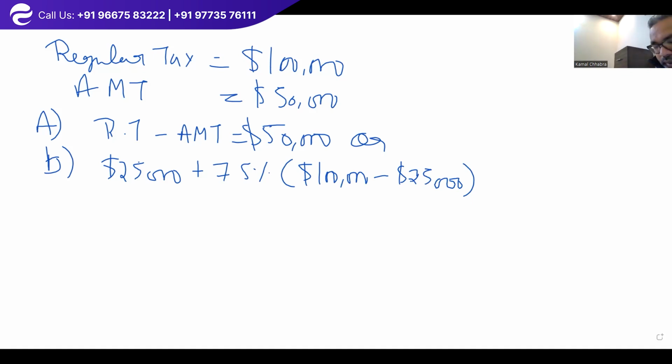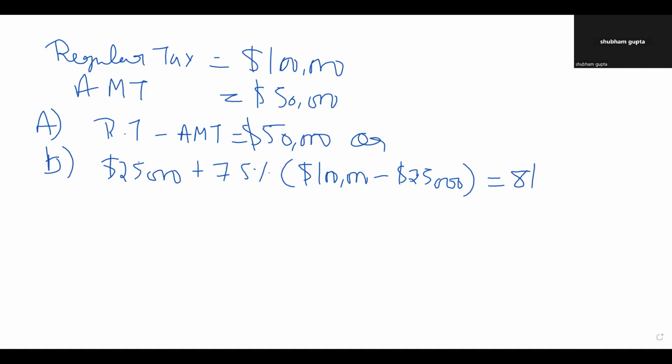Can somebody help me with the math? It is 56,250 plus $25,000, so I think it is 81,250.